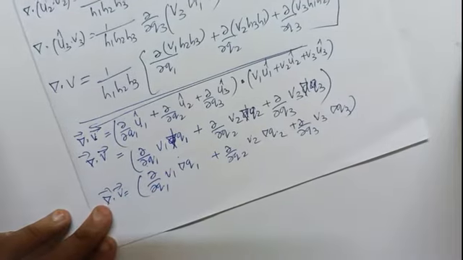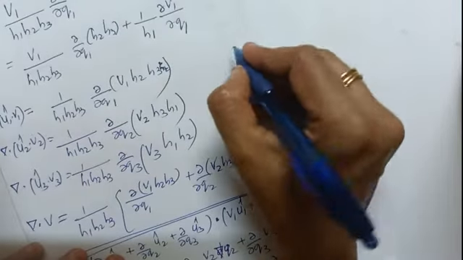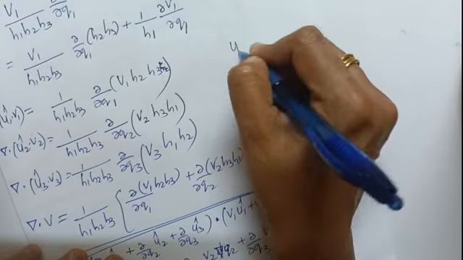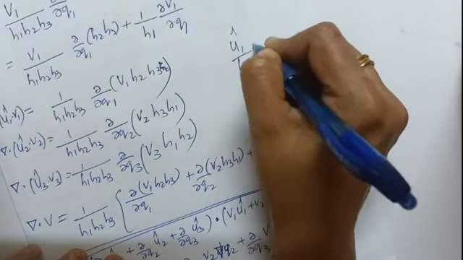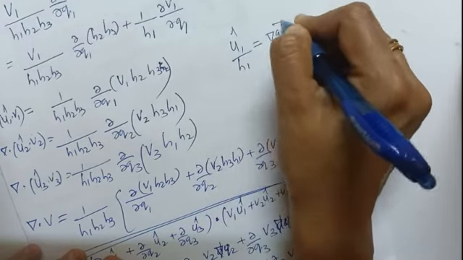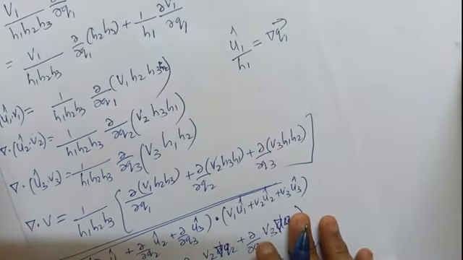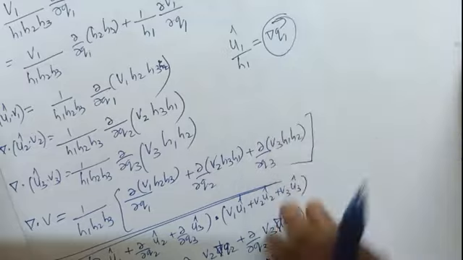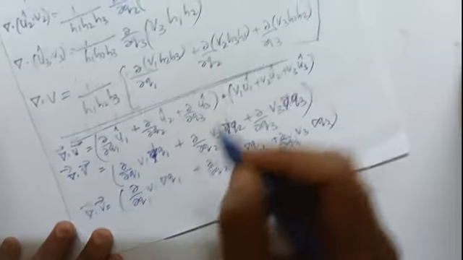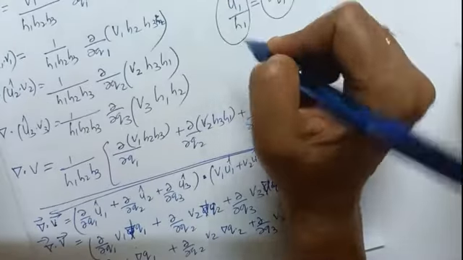Now we have another property, our orthogonal property: u1 by h1 is equal to del q1. So instead of del q1 here, we can substitute u1 by h1.